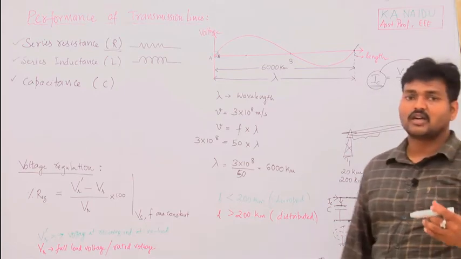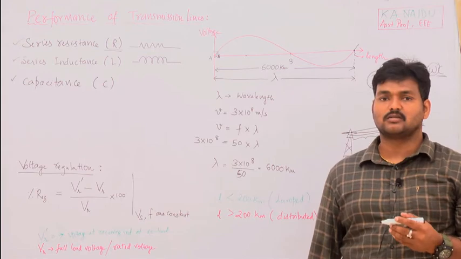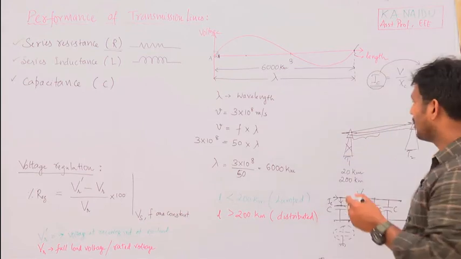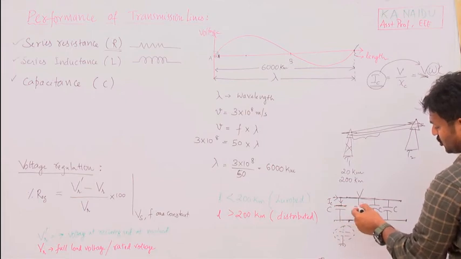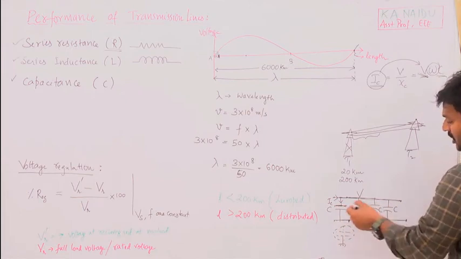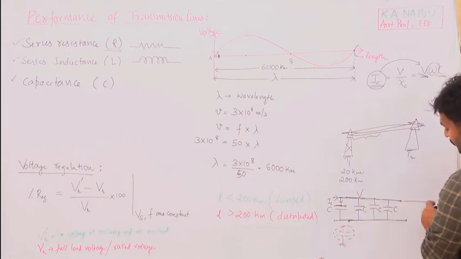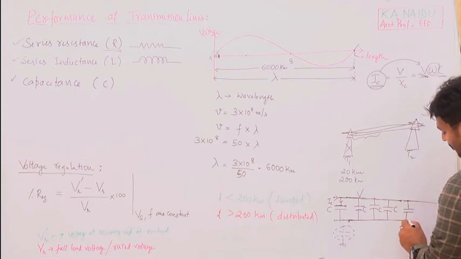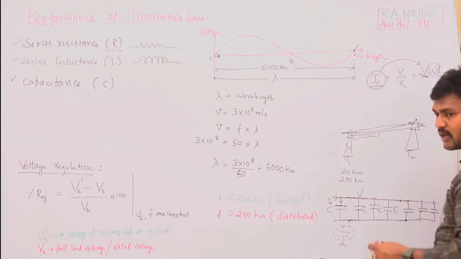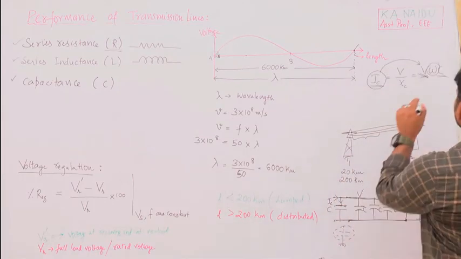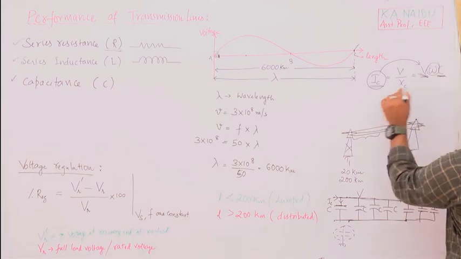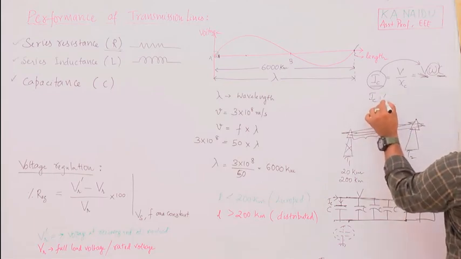That means the effect of capacitance has to be considered. The capacitance is distributed throughout the length of the line. If the length of the line is more, more capacitors are added in parallel. In parallel combination, as the number of capacitors increases, the value of capacitance will increase.